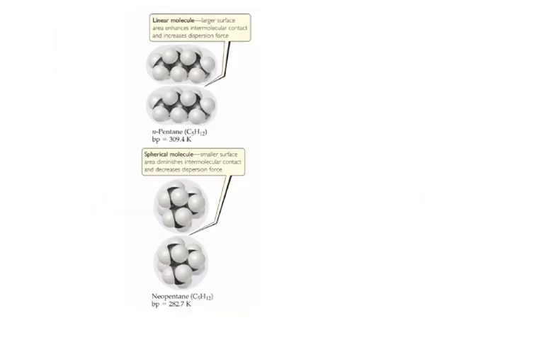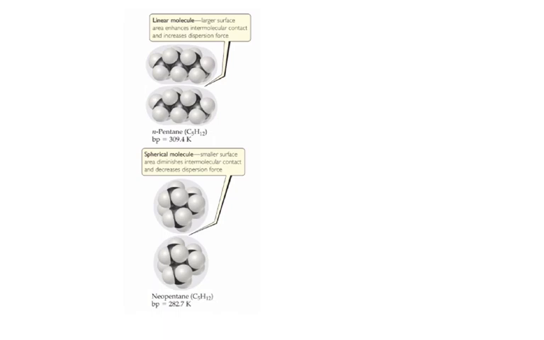So here's the same two molecules. I had shown you this earlier. When it's linear, there's a larger surface area contact. So pentane has a boiling point of 309.4 Kelvin. Now notice the neopentane, same exact molar mass. Notice it's compact, and as it's compact, there's smaller surface area contact.